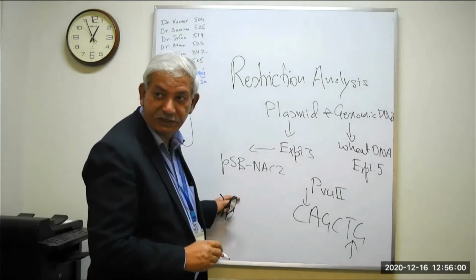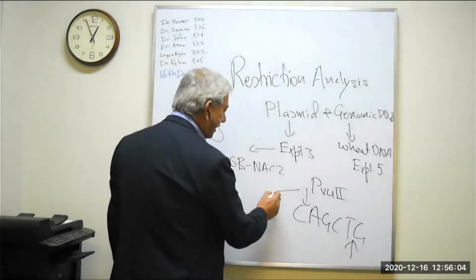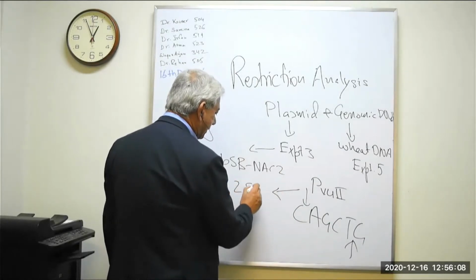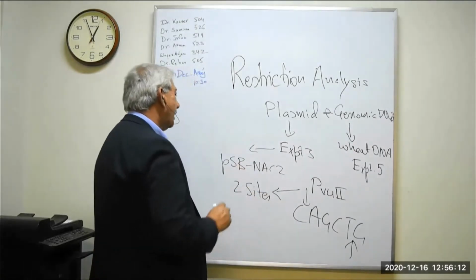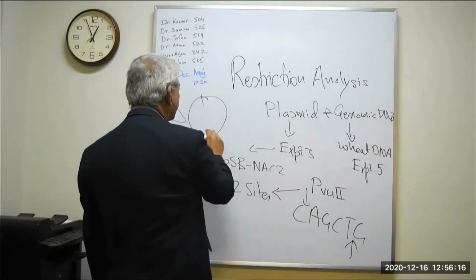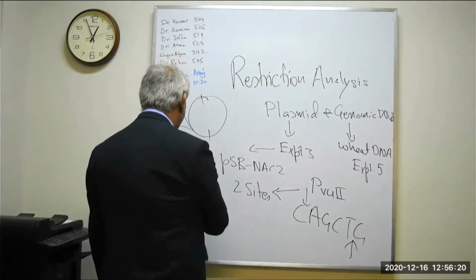This one is the plasmid, and it has got 2 sites for PvuII. So what happens if you cut a circular DNA at 2 points? You get 2 fragments coming out.